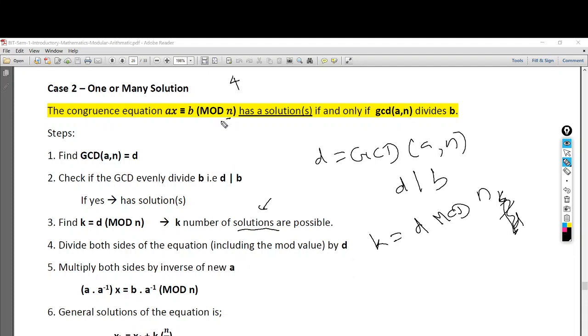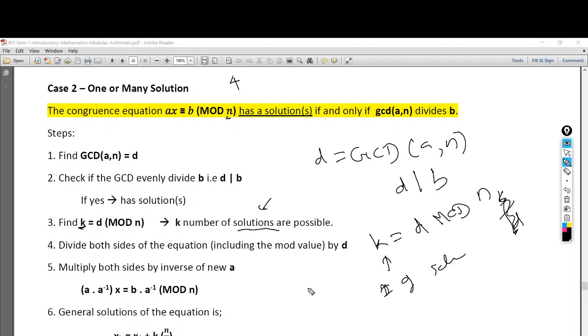Just because it is mod 3, it doesn't mean that you are always going to have a solution. There can be a situation with no solution, but if you are going to have solutions, the maximum is 2 solutions. That is how you find the number of solutions. That is your D mod N. So we know that we are going to have K number of solutions.